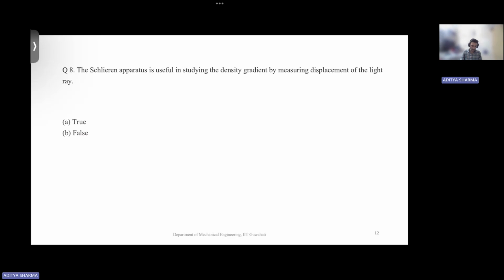And question number 8, Schlieren apparatus is useful in studying the density gradient by measuring the displacement of the light ray.